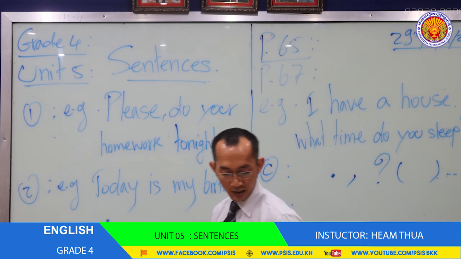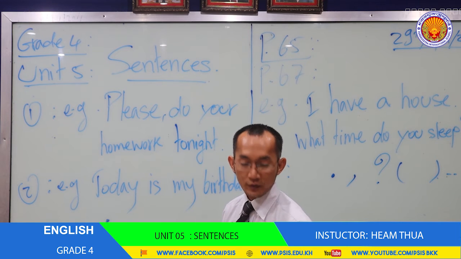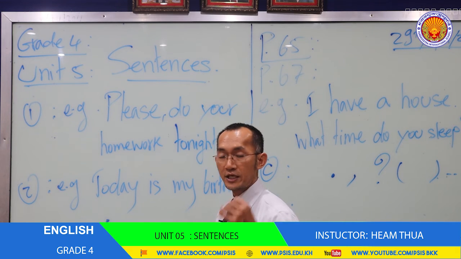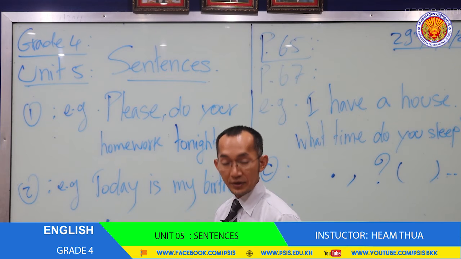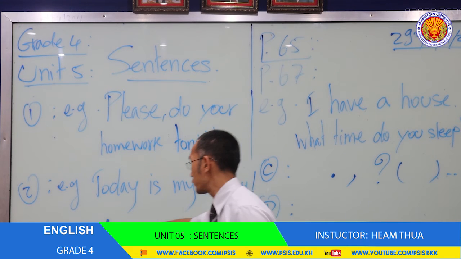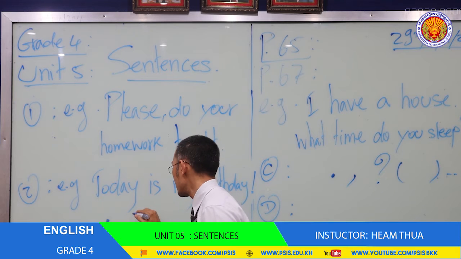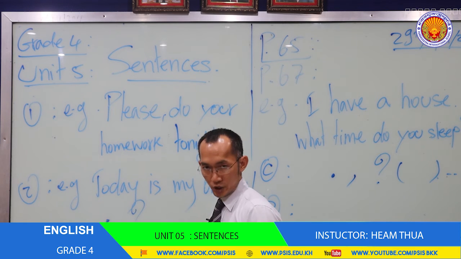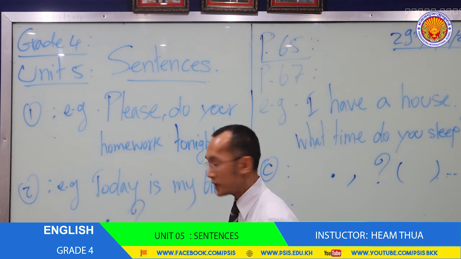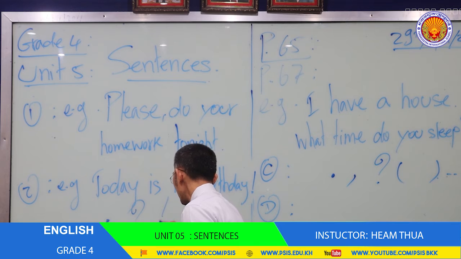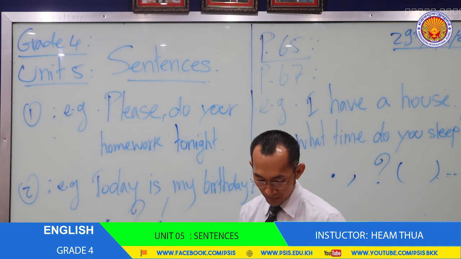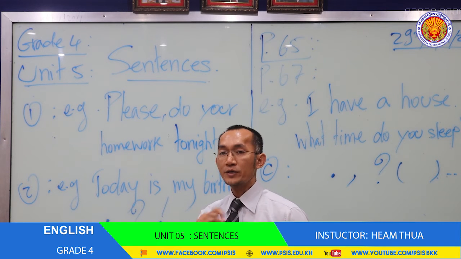For example, they say circle the correct punctuation. So they give you three multiple choices. One is full stop or period. Second, question mark. The last one, exclamation. Okay? So now I hope you can guess.